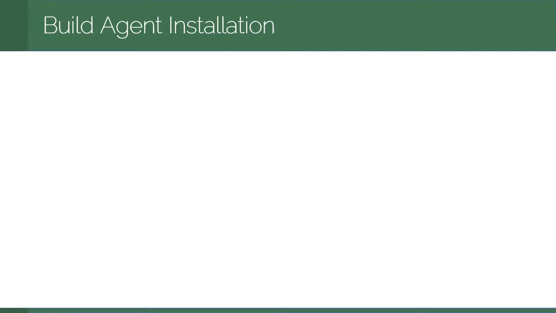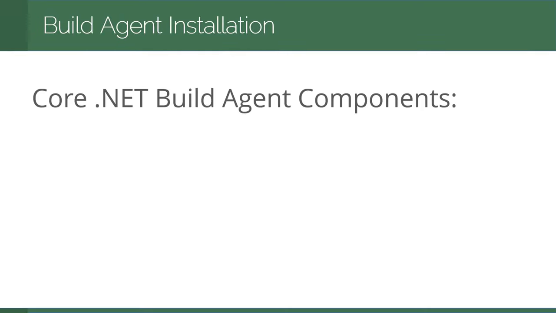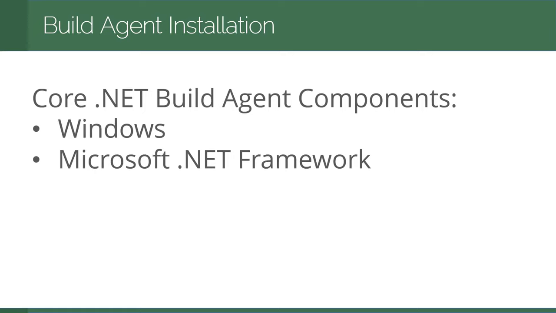Let's summarize what we've done to set up that extra Windows build agent. We've installed Windows, of course. Windows 7 or 8 is fine. We've set up the .NET framework. In my case, I'm using .NET 4, but of course other versions are fine. And if you need to use multiple versions, you can always install all the versions you need to target.